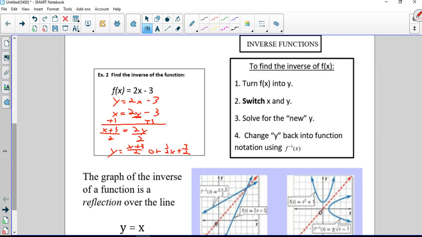And now we're going to change y back into function notation using f inverse. So f negative 1 of x, which means inverse of x, equals (x plus 3) over 2, or, like I said, f negative 1 of x equals 1/2 x plus 3/2. Either one of those is appropriate.